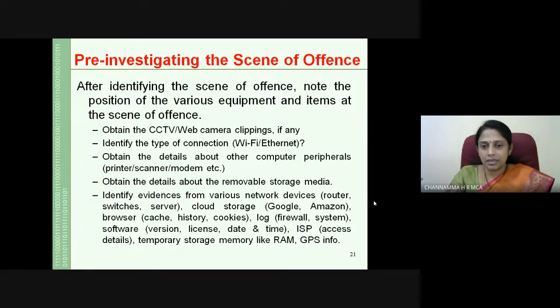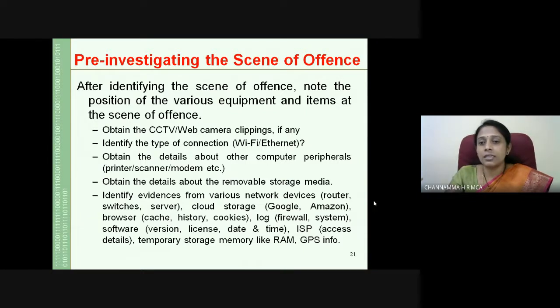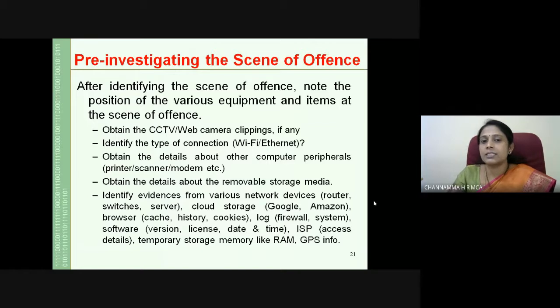Overall, I have listed a few procedures here. If any CCTV or web camera is there, collect those clippings, and identify the type of connection, whether Wi-Fi or Ethernet. Obtain details about other computer peripherals like printers, scanners, and modems, and about removable storage media. All the digital devices in that premises have to be taken into custody.